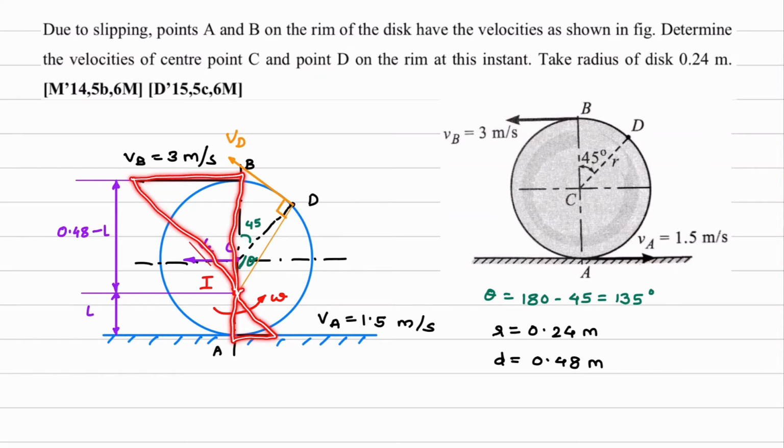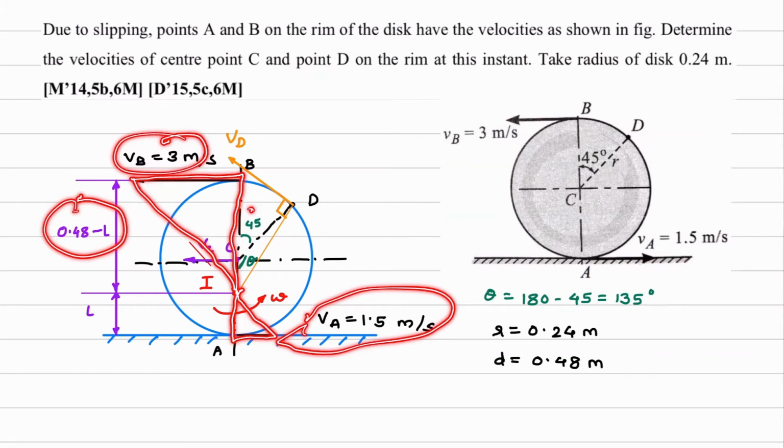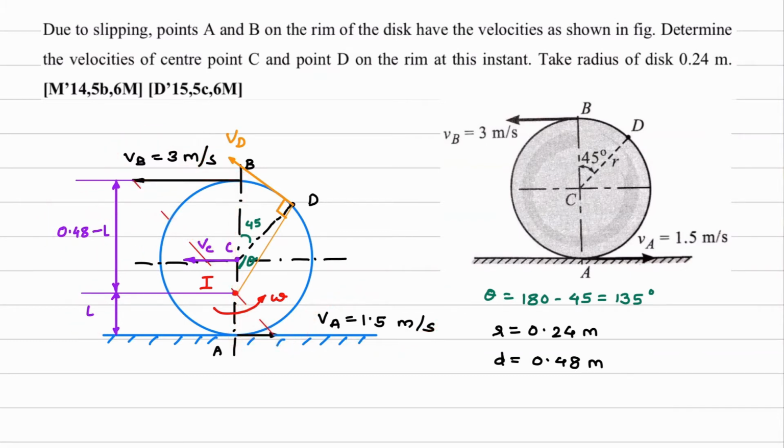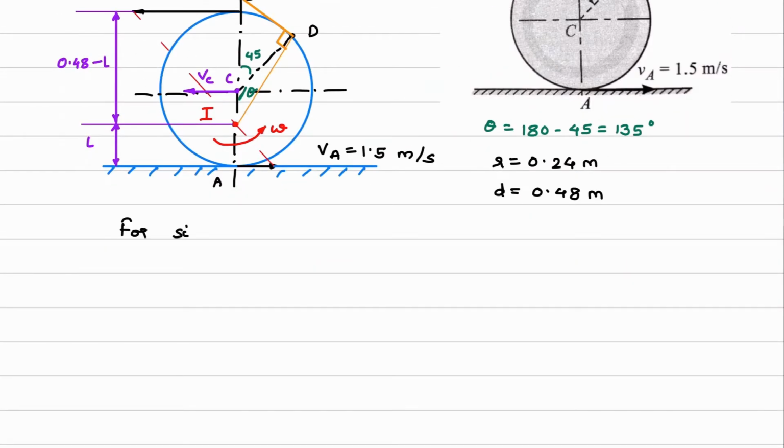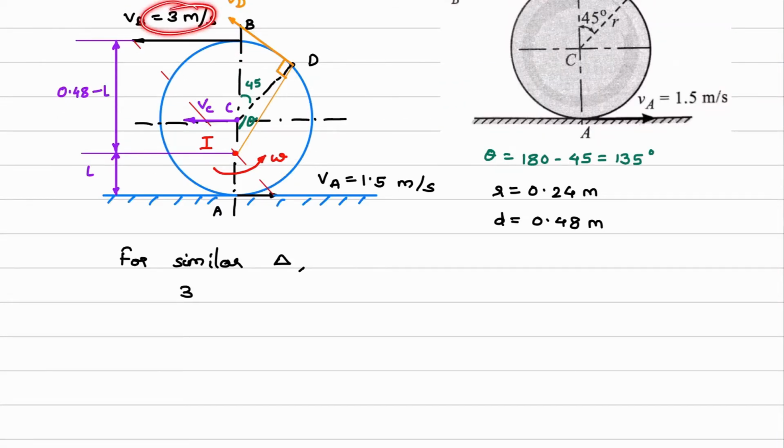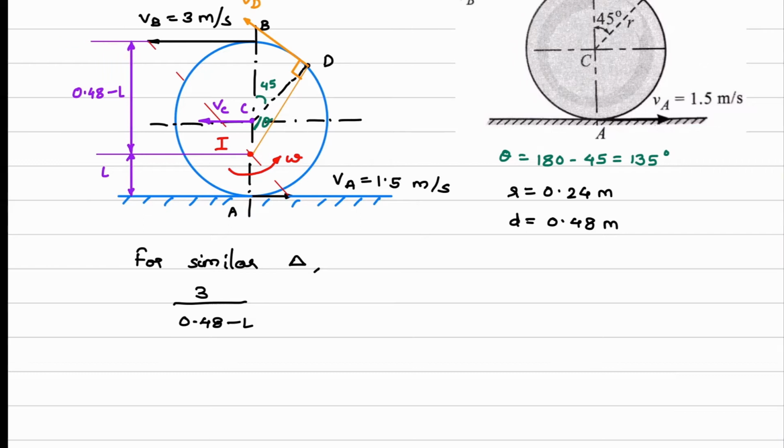So I can write down 3, which is this velocity, upon this height 0.48 minus L, is equal to 1.5 velocity divided by L. So for similar triangles, I can write 3 divided by 0.48 minus L equal to 1.5 divided by L. So from here I can calculate the value of L. L is equal to 0.16 meter.